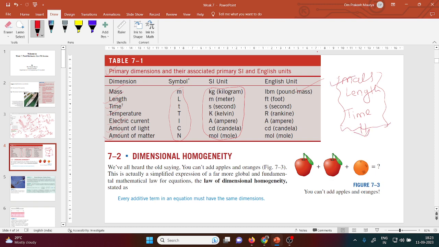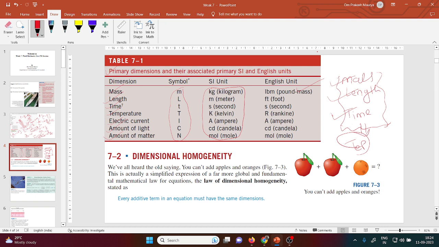These are the primary dimensions. Mainly in fluid mechanics we will use these. From the mechanical point of view, temperature is also very important. But as for civil concern, these three dimensions are very useful.